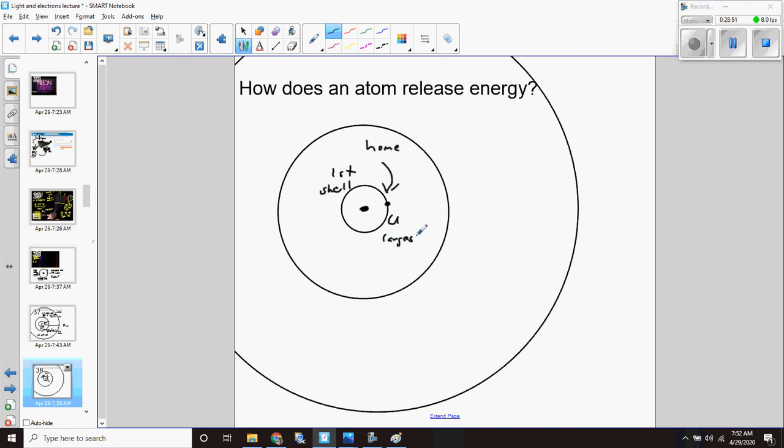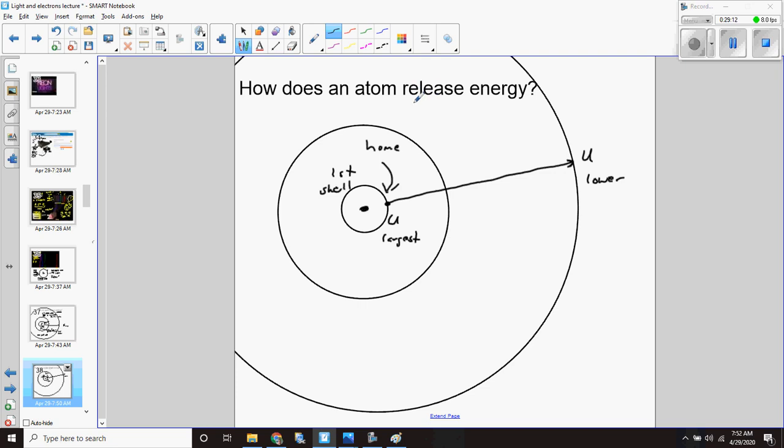There's the most attractive energy holding the electron to the nucleus. But the electron has jumped really far away from the nucleus as it's absorbed energy. So here the energy is largest, here the energy is lower. But now we haven't gotten to the part of how an atom releases energy.